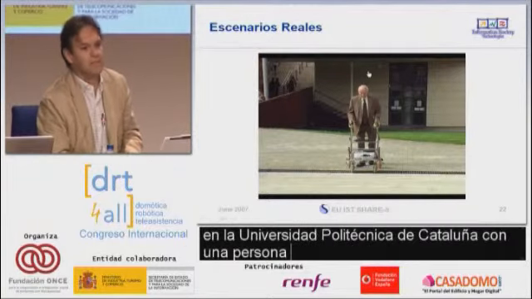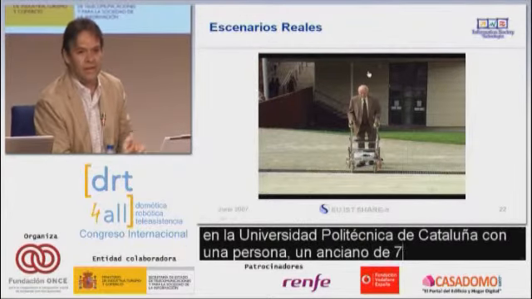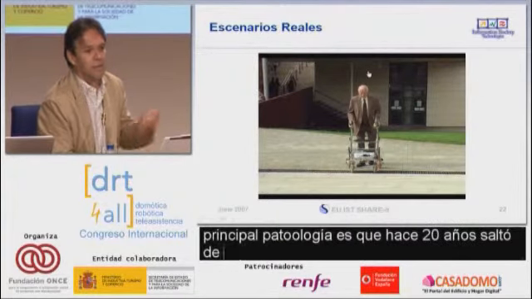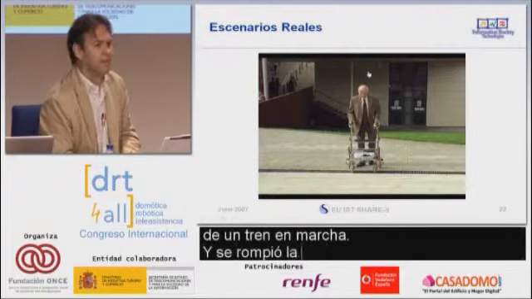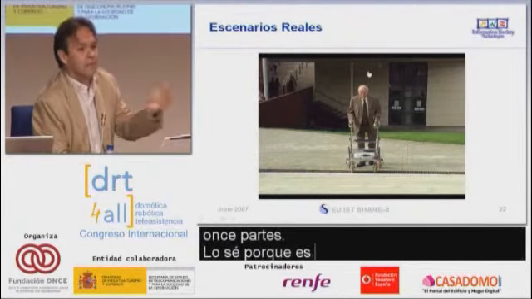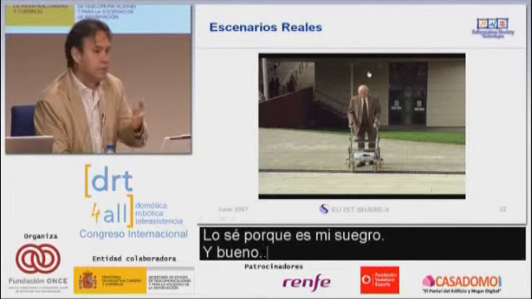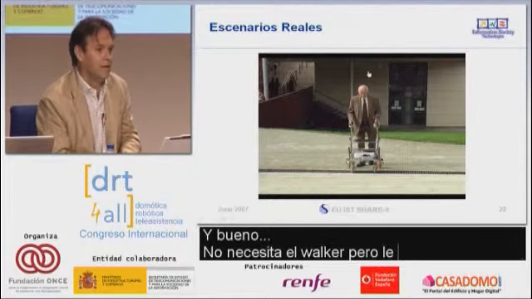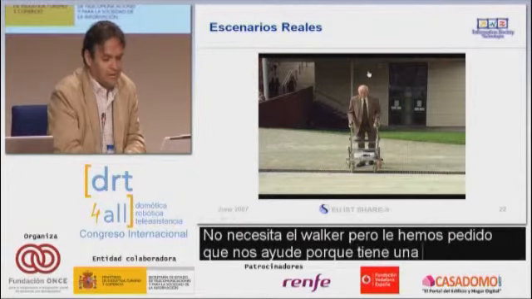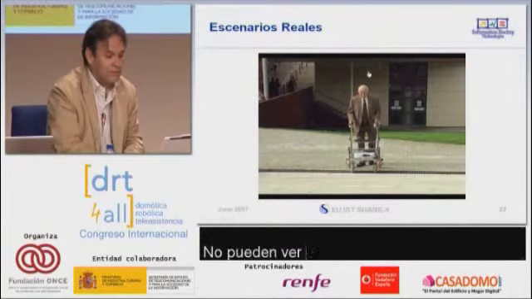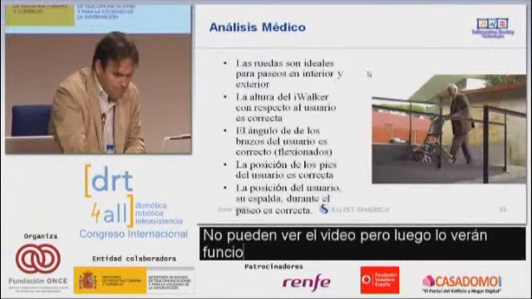It's a 75-year-old person whose pathology is that 20 years ago, this person jumped from a moving train, and he broke a leg. He doesn't need the walker, but we've asked him to help us because his lameness is important. So you cannot see the tape, but you will see this in actual operation later on.